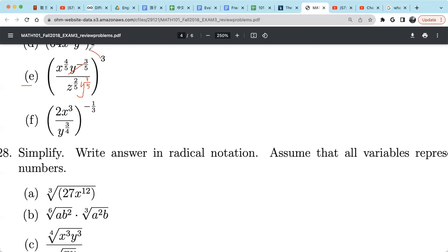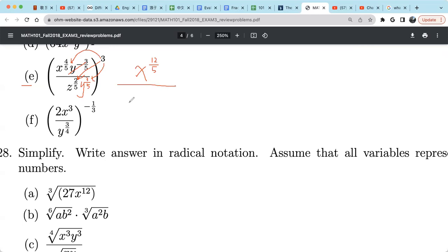So let's distribute 3 to every exponent. In the numerator we get x raised by 4 over 5, now times 3, that becomes x raised by 12 over 5, because 3 times 4 is 12.